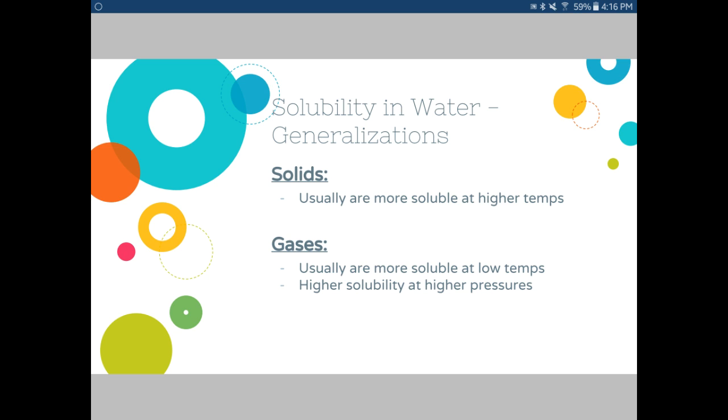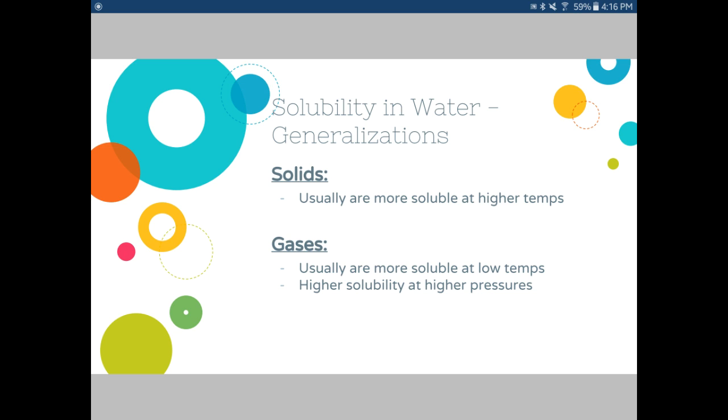So we're talking about things like sugars or ionic compounds. Generally, both molecular solids as well as ionic solids have a greater solubility at a higher temperature. So if you were to heat up water, you would dissolve more of that solute in the solvent.